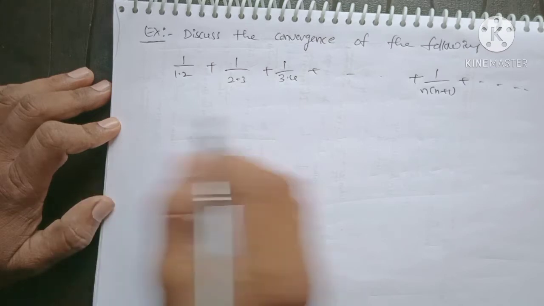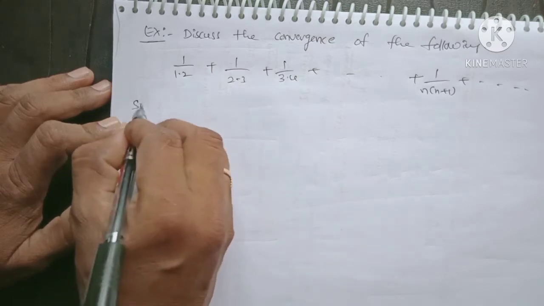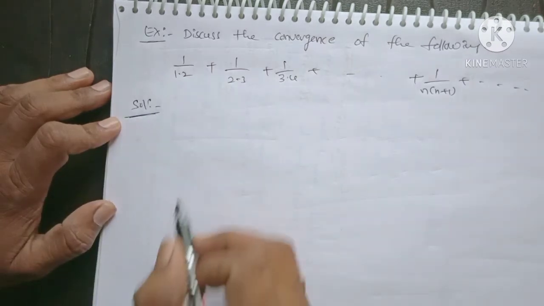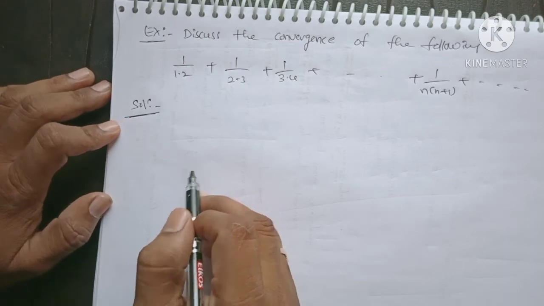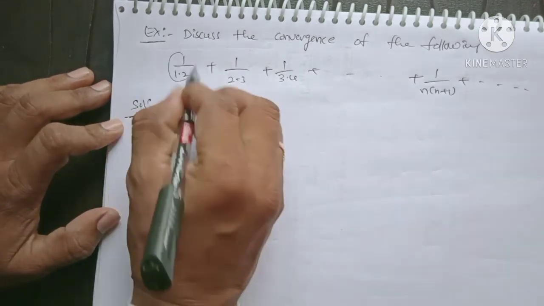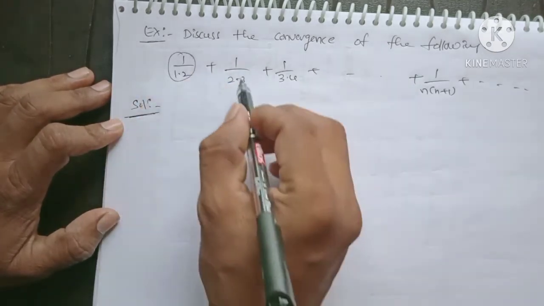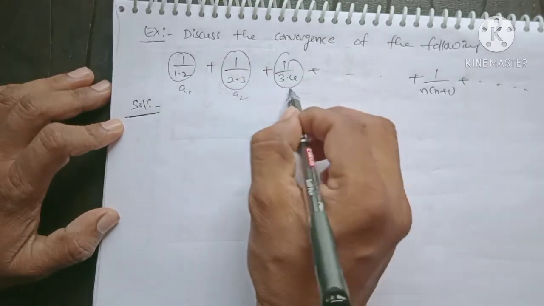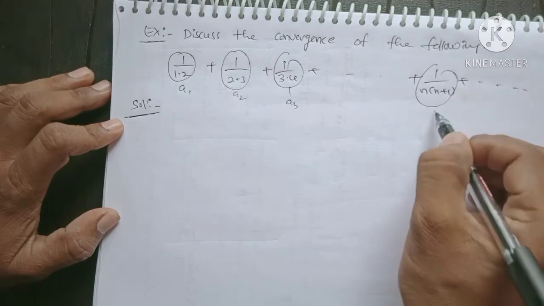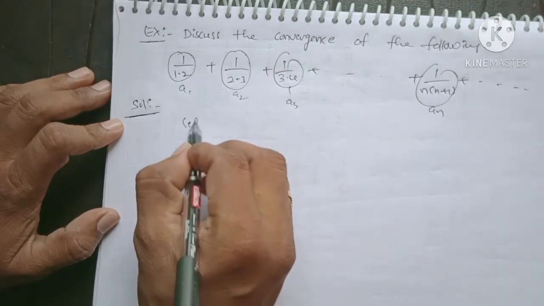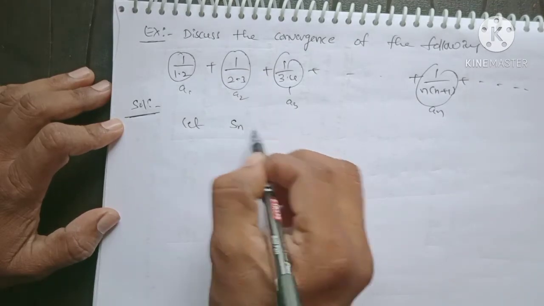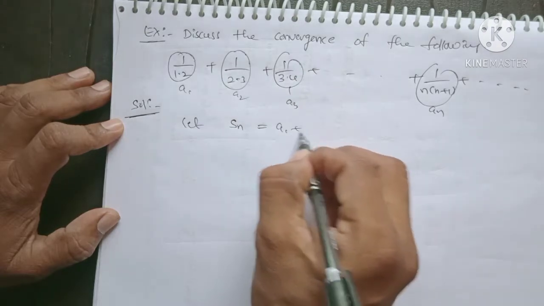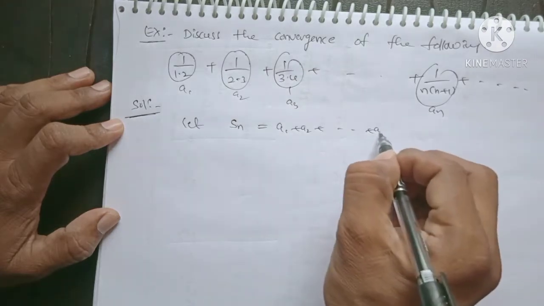Solution. So what is the nth term of the given series? The first term a1 is 1 by 1 into 2. Second term is 1 by 2 into 3. This is a1, this is a2, this is a3, this is an. So let the partial sum Sn be equal to a1 plus a2 plus and so on up to an.